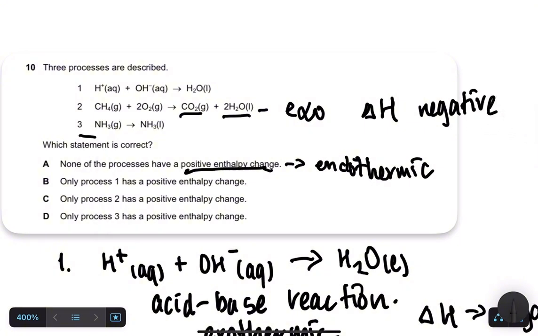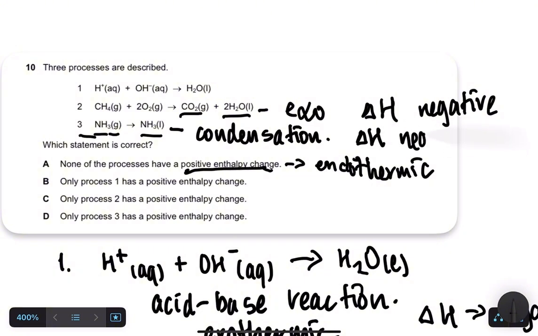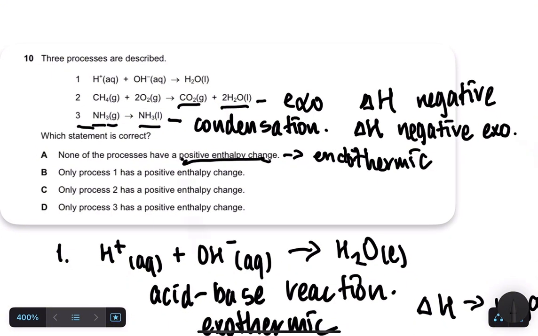For the third process, it shows that ammonia gas is forming liquid ammonia. So a condensation process is going on here, from high energy gas particles forming low energy liquid particles. Therefore, it is also negative delta H and exothermic. So the correct answer is none of the processes have a positive enthalpy change. A.